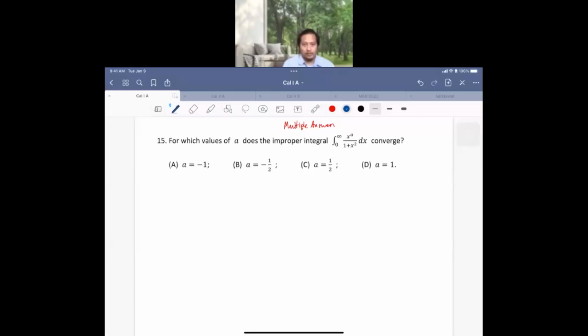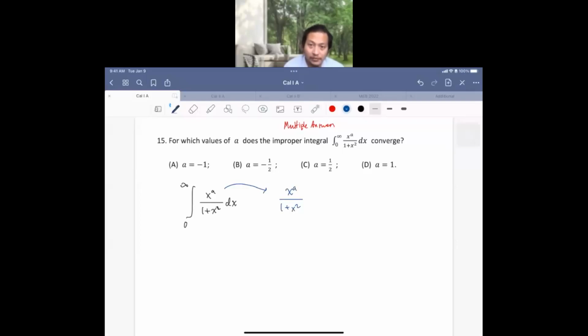Okay, so first thing is we write the integrations. We look at the equation itself in the inside here: x with power of a over 1 plus x squared.